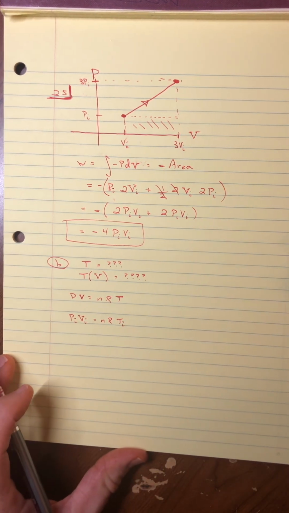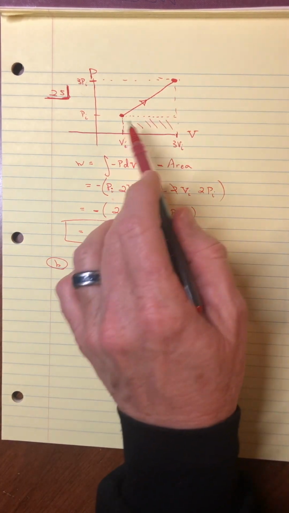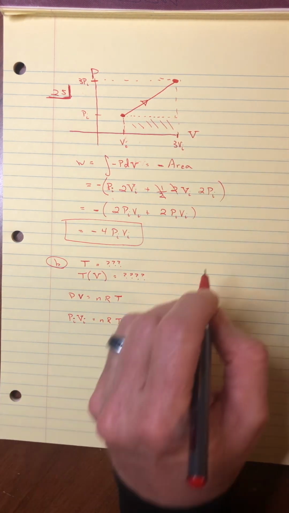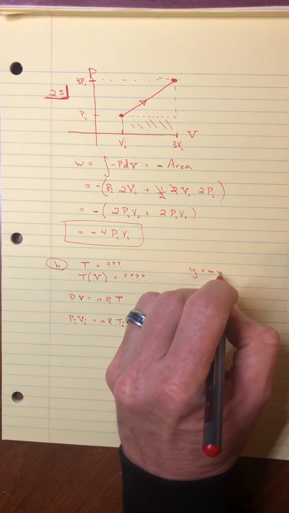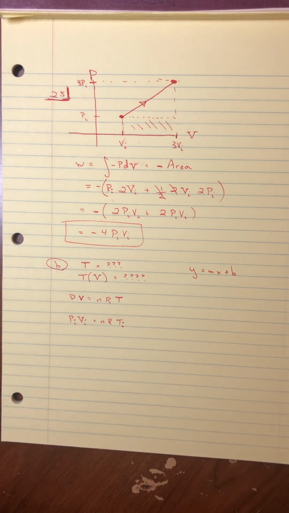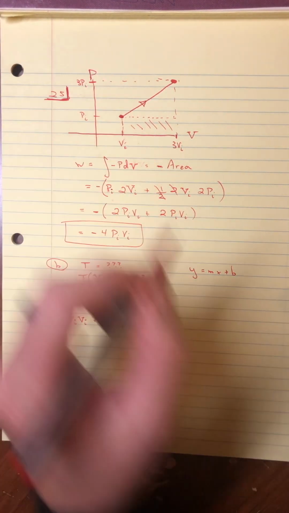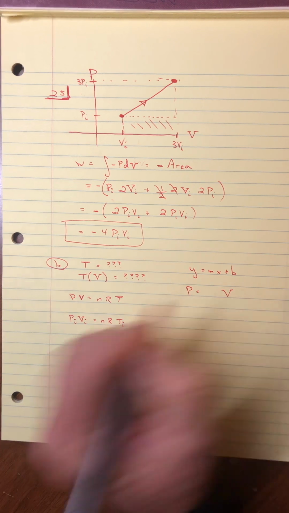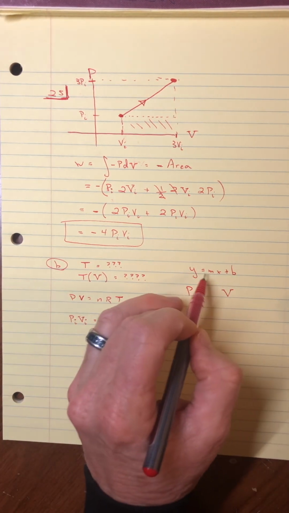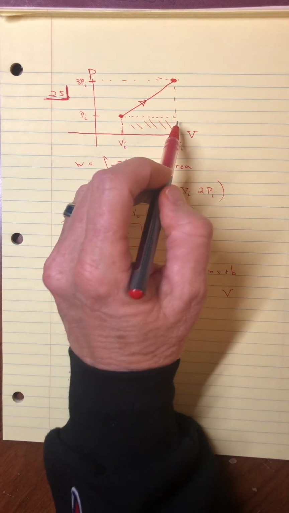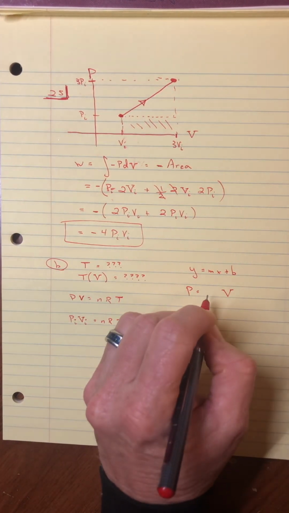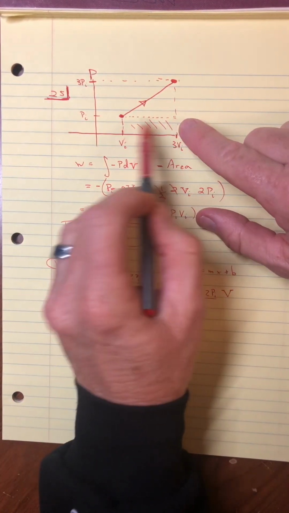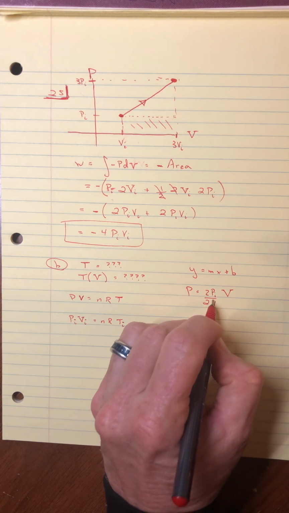You also might have something from the phrase that it is proportional, which is to say that we have a line on our PV diagram, and we know the equation for the line. On the vertical axis is pressure, and on the horizontal axis is volume. The slope is the rise over the run, so it's 2Pi that goes up here, versus a run of 2Vi.